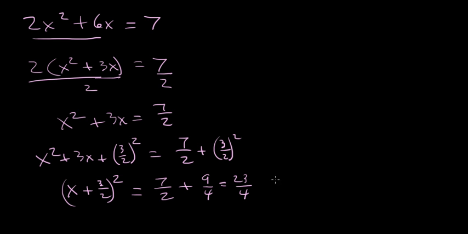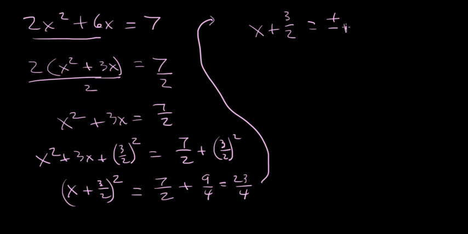And that equals 23/4. So, going back up to the top here, taking the square root of both sides, I have x plus 3/2 equals plus or minus the square root of 23/4. Now I can simplify this because I can say this is plus or minus the square root of 23 over the square root of 4, which is plus or minus the square root of 23 over 2.